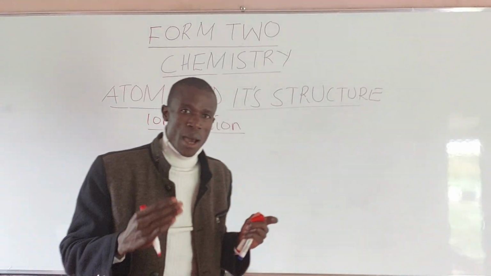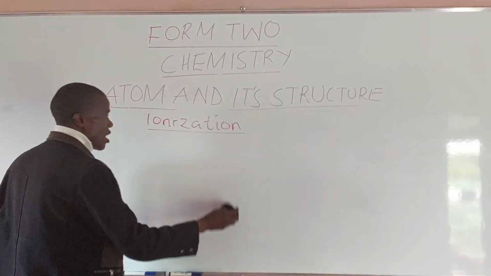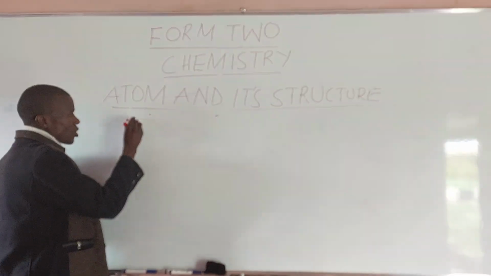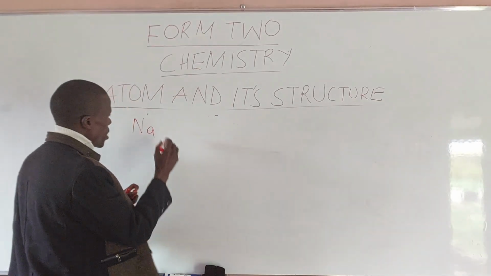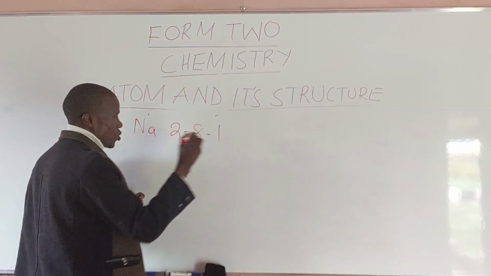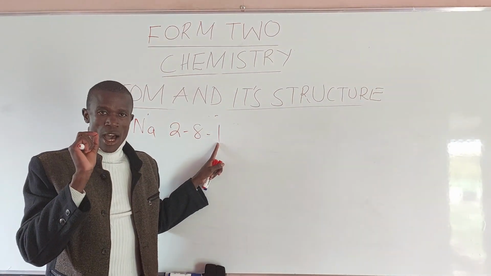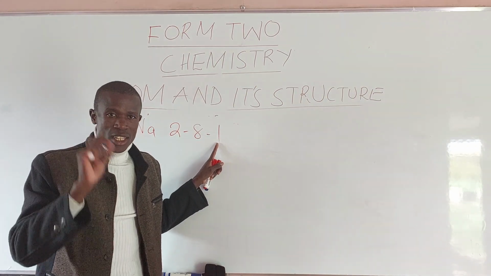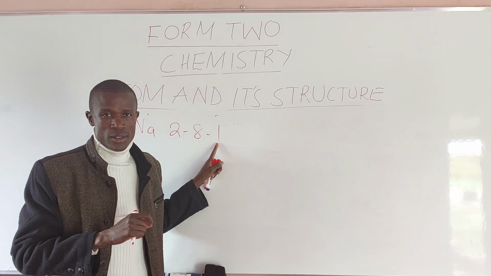Beginning with a metal, let's say we have sodium metal as an example. Sodium metal has an electron configuration of 2:8:1. Sodium metal can lose one electron, which is its valence electron, to form a cation.